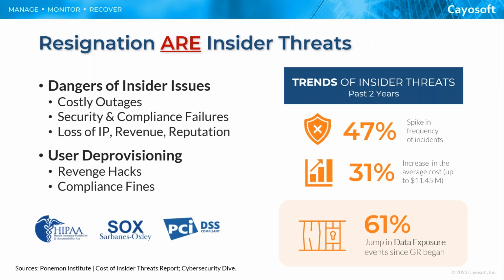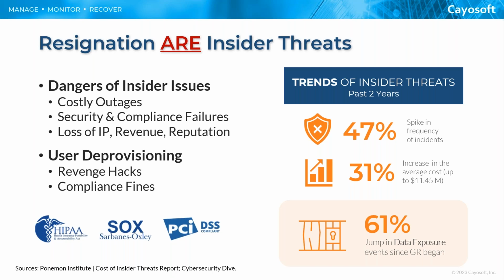Resignations and terminations are a form of insider threat because they can cause costly outages. We already mentioned that provisioning and deprovisioning problems cause security, compliance, and efficiency failures. And the result is you either lose revenue, you're going to have a bad reputation, loss of IP, intellectual property, all those things.